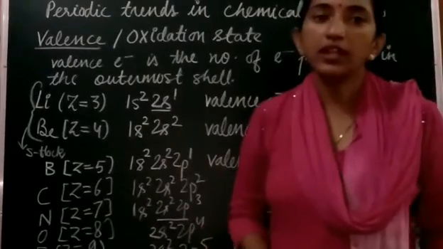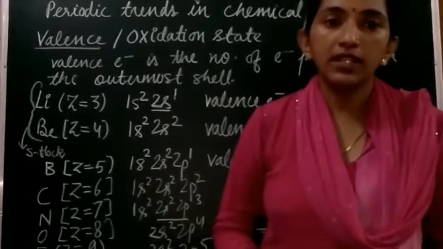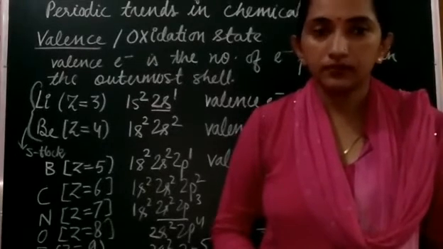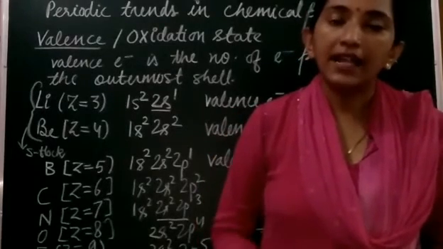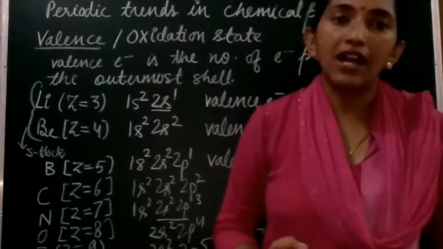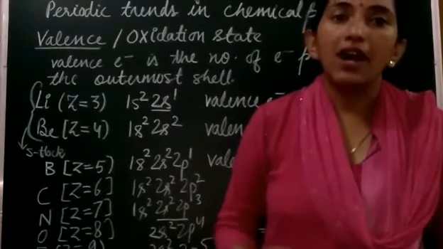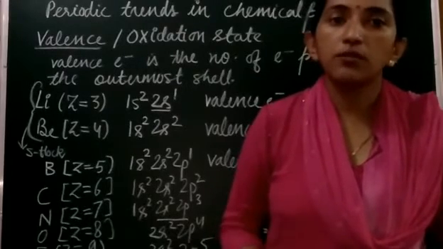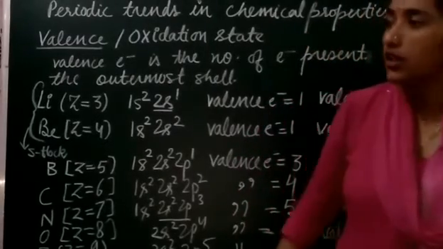When we are moving down the group, let it be s block group 1, from lithium, then sodium, the number of valence electrons will remain the same, and hence the valency shown by that group also remains the same.